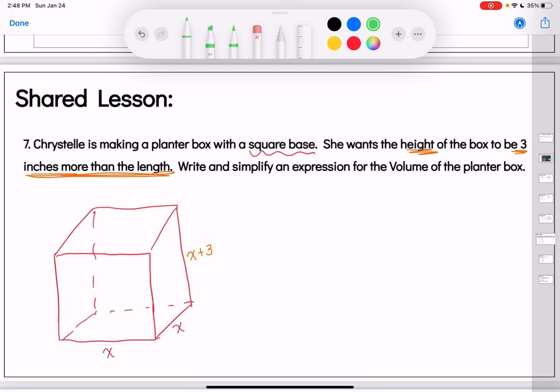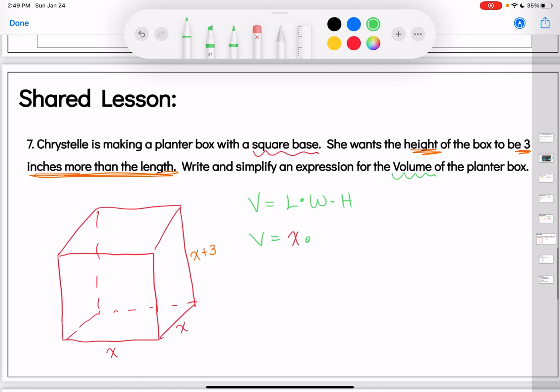All right, and then I want to find the volume. Boy, good thing we did that warm up for volume, right? For volume, I want it to be length times width times height, right? Or in this case, volume will be x times x times x plus 3. Now be careful.